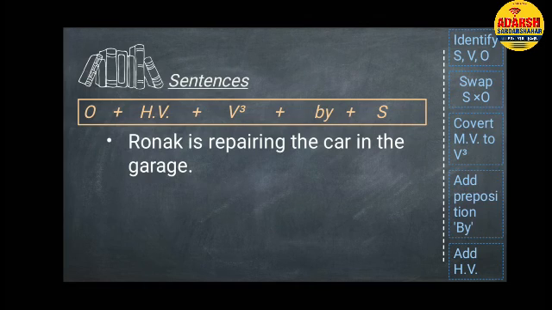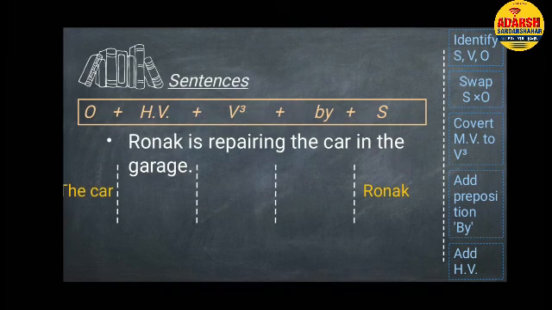So let us go with the formula and divide our sentence. Here let us replace subject to the object and object to the subject according to our second step. Here as you can see, I have replaced the car, which is our object, and put it in the place of our subject, and our subject Ronak in the place of our object.